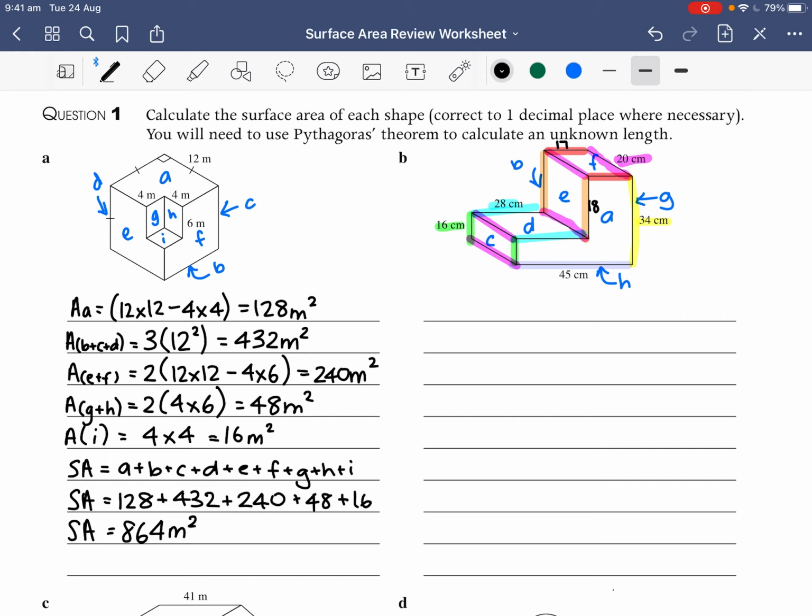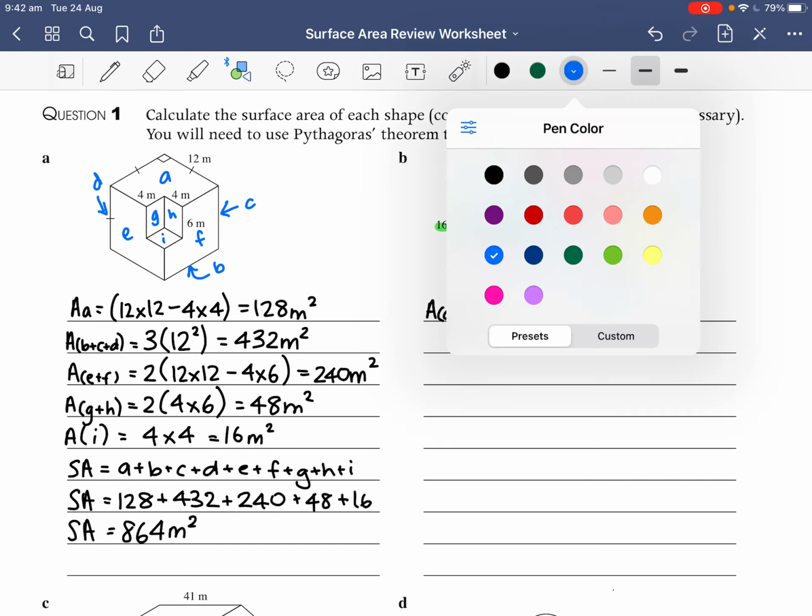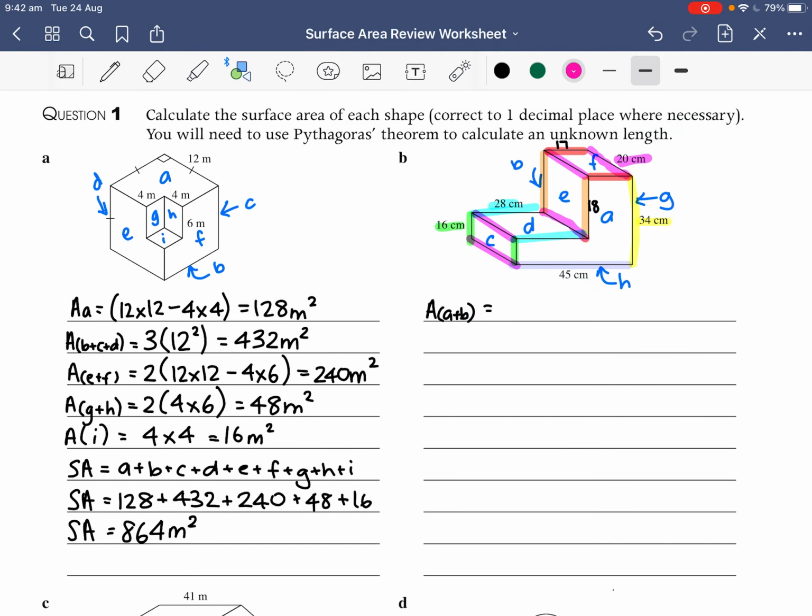Okay, so now that we know all that, we want to find the area of each face. So like I said before, area A plus B are exactly the same. So we're going to find that. Area A and B are in fact an L shape. So what we need to do is split these into two rectangles.